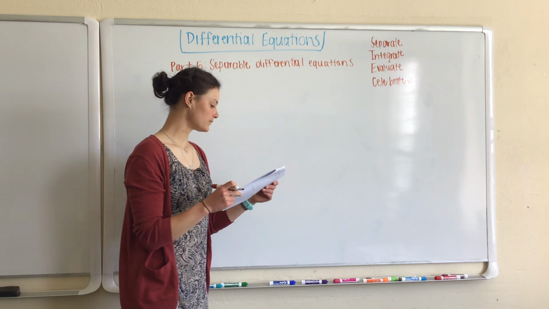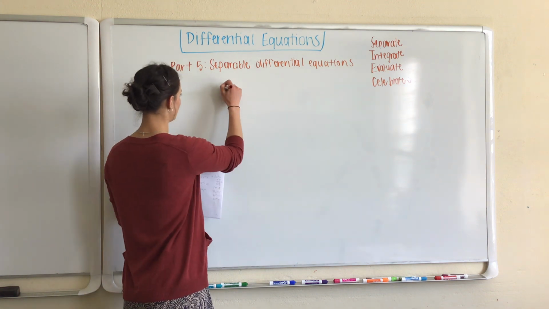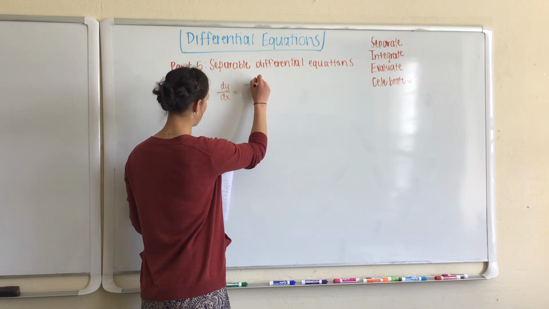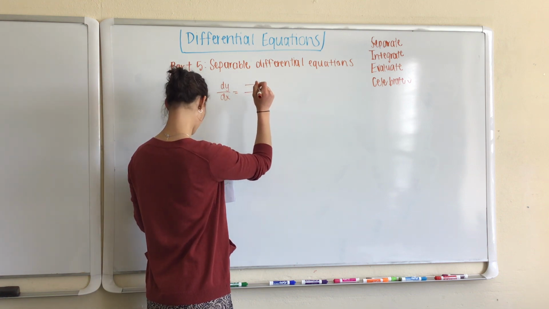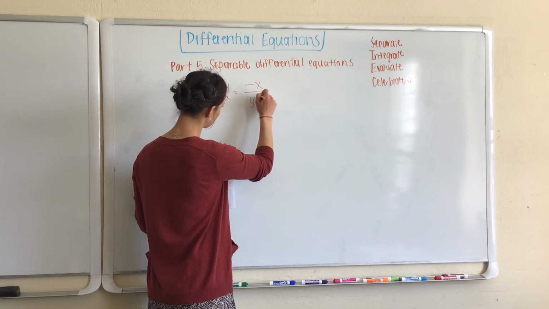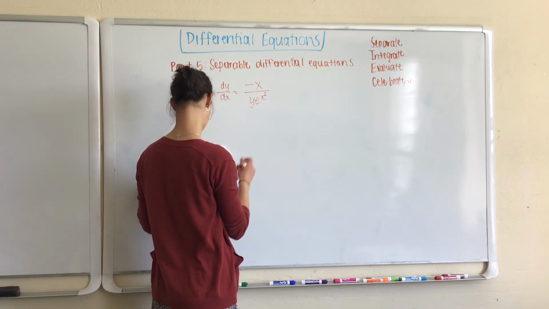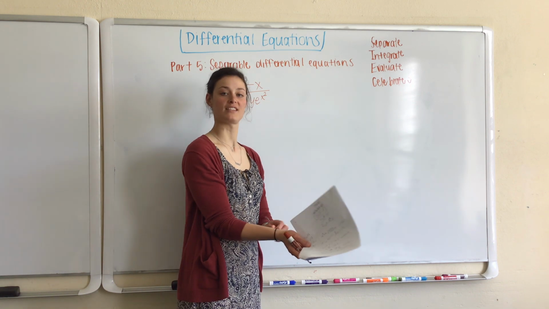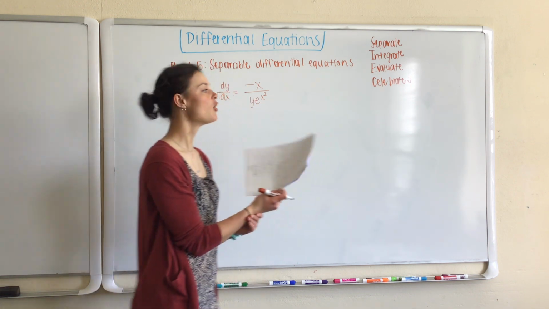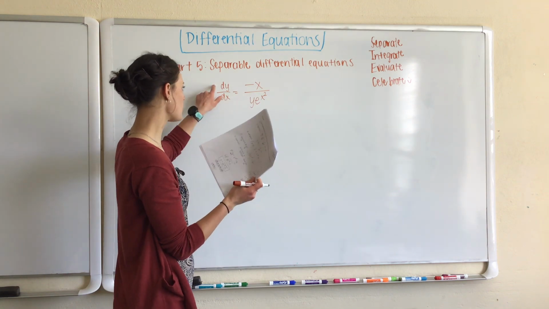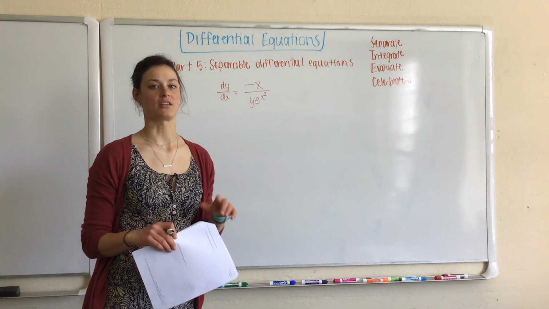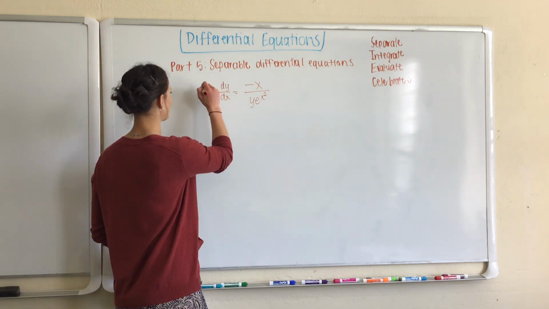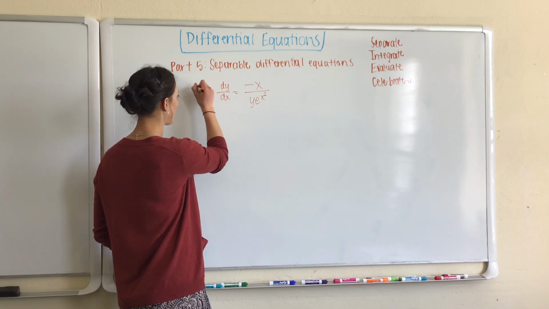All right, so consider the differential equation dy over dx is equal to negative x over y times e to the x squared. And we want to solve this differential equation. So step one, separate. We want to get the y's and dy's on one side and the x's and dx's on the other. Using hashtag it's just algebra 2020, we're just going to multiply the dx up like that.